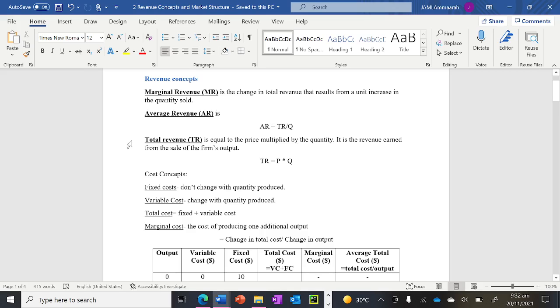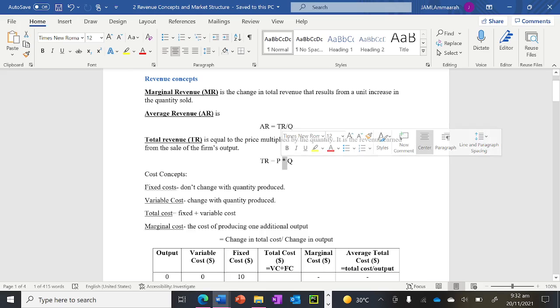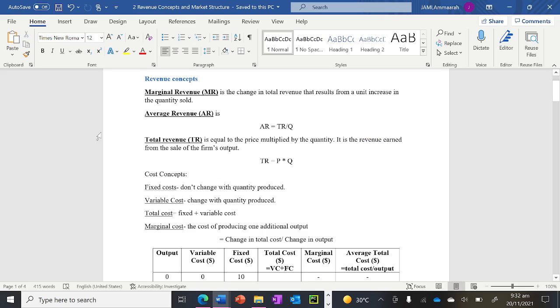And total revenue is equal to the price multiplied by the quantity, and it is the revenue earned from the sale of the firm's output. So the formula for total revenue is price times quantity. I put an asterisk for the multiplication sign because people get mixed up with the X.